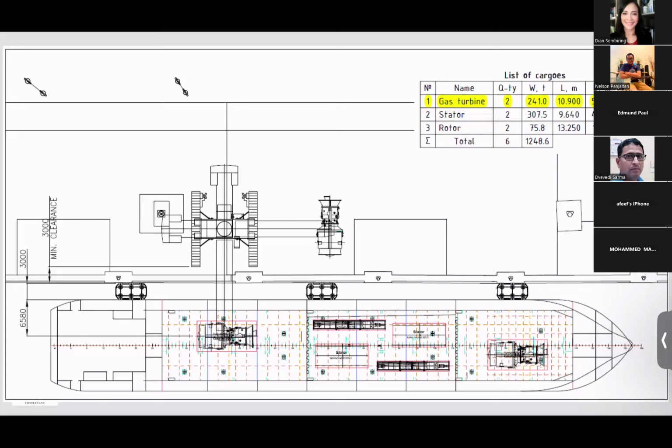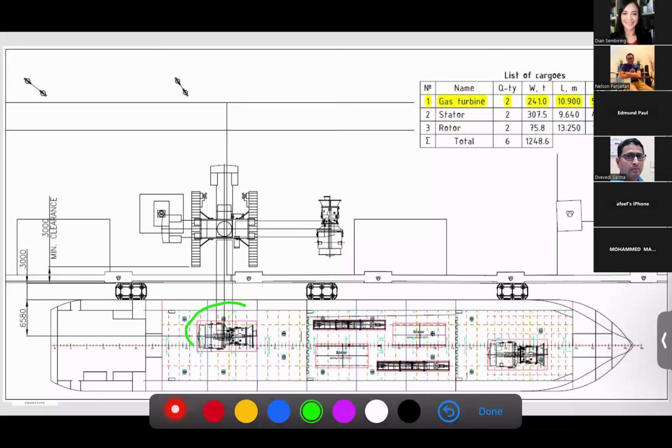For this capstone, we have a gas turbine, and we will be doing offloading from the vessel to the yard here. The weight is 241 tons, and the dimensions are also mentioned here.